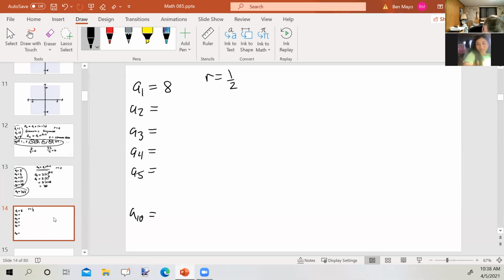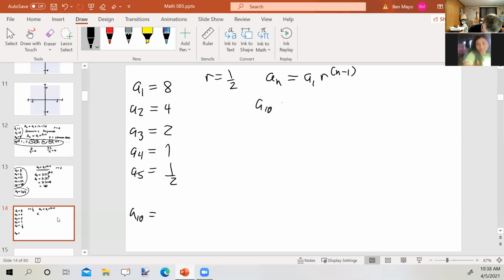Okay, so again, we're going to use the common ratio, and we're going to use the formula a sub n equals a sub 1 times r to the n minus 1 power, because this is a geometric sequence. 8 times 1/2 is 4, times 1/2 is 2, times 1/2 is 1, times 1/2 is 1/2. Okay, so that's how we could get the first 5 terms.